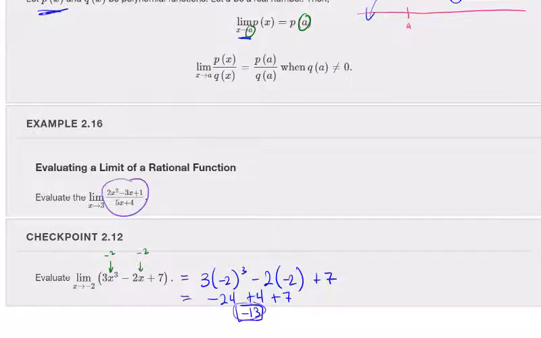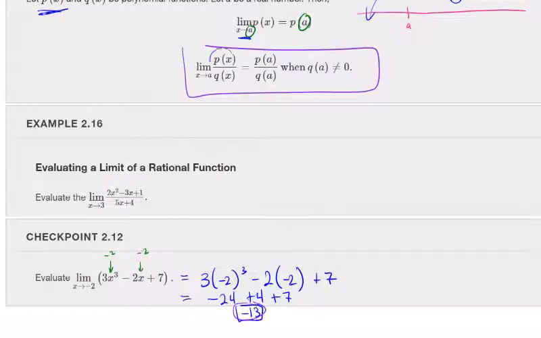Now, the same thing is true for rational functions. If you have a rational function where you have two polynomial functions on top and bottom, then you can just input the value that you're approaching into each of those functions, as long as the denominator doesn't equal 0. If the denominator equals 0, like we saw with the quotient law, that brings up a whole different scenario.